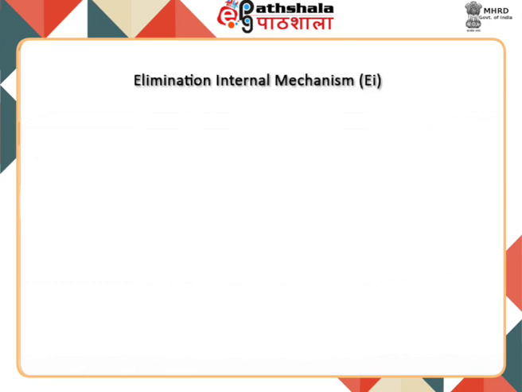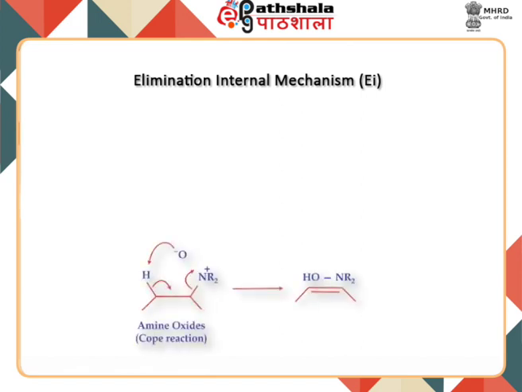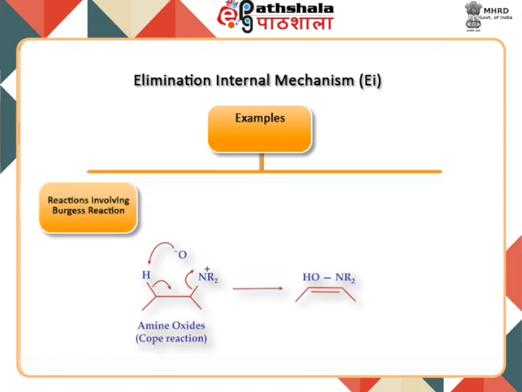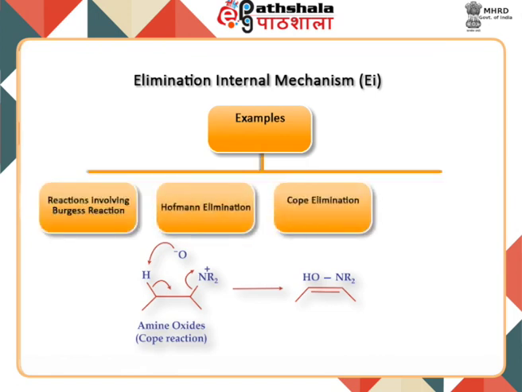Now we come to the elimination internal mechanism, that is Ei, in which two vicinal substituents on an alkane framework leave simultaneously in a single step to form an alkene in a syn elimination. Examples are eliminations involving the Burgess reagent, Hofmann elimination, the Cope elimination, and ester pyrolysis.